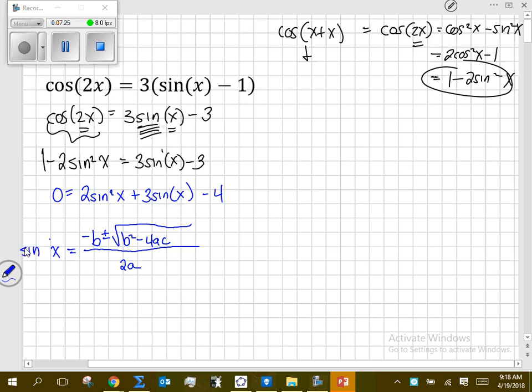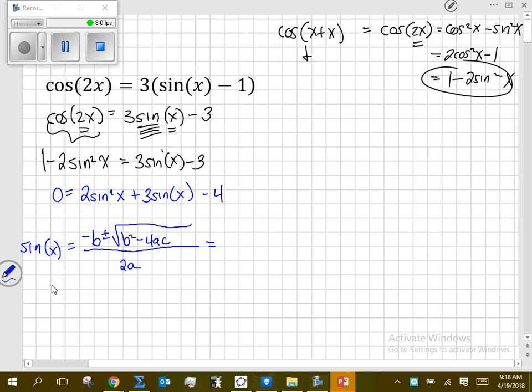Sine of x. Okay? That's what we're trying to solve for here. And that's the one thing that people get stuck with. And I think it's maybe due to our habits in algebra 1, we just write that down, and we don't remember that it's equal to something. Okay? So right now we're solving for sine of x.